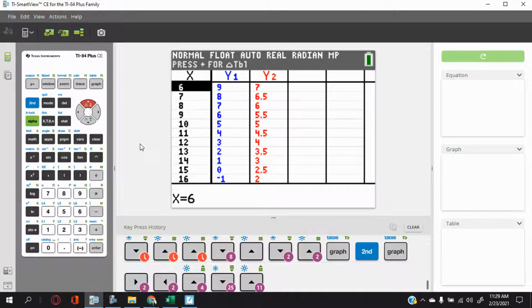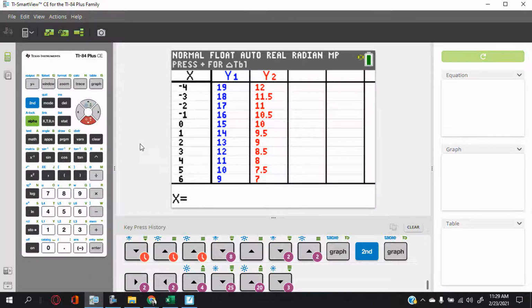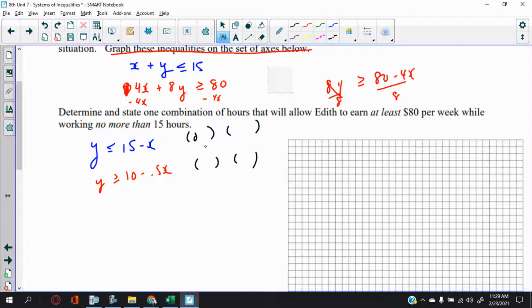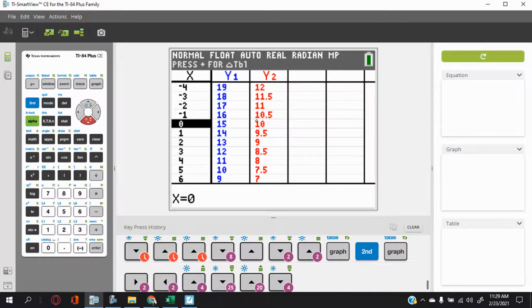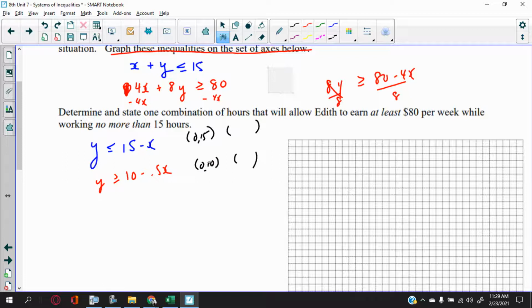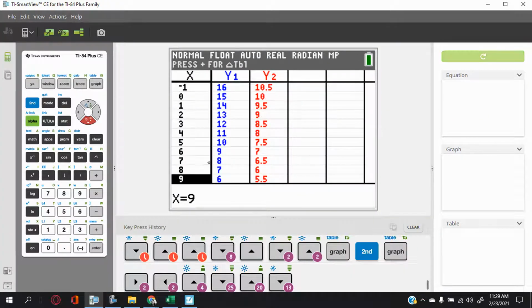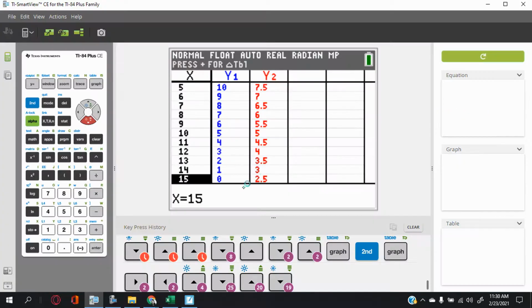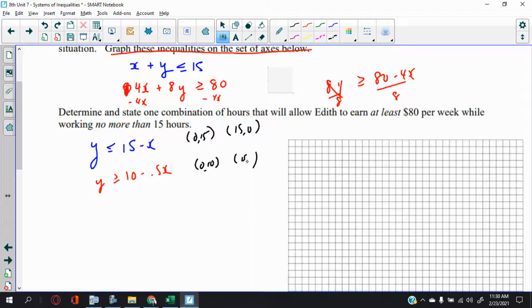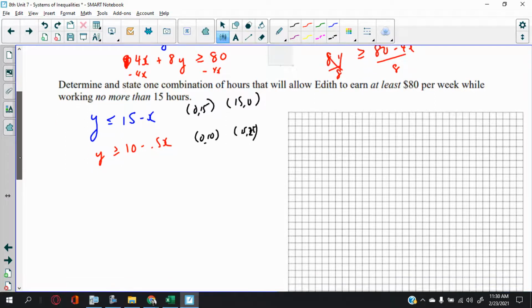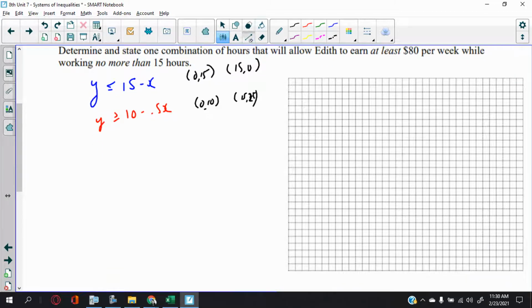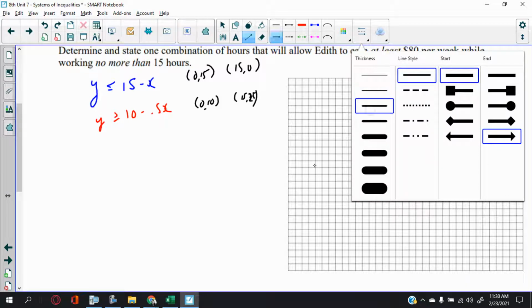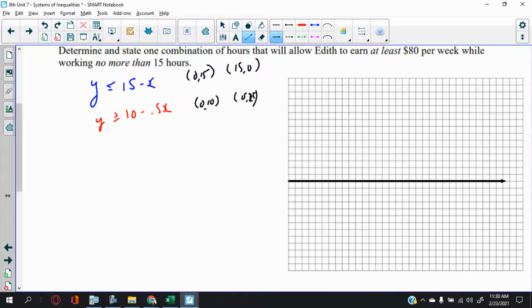Let me write those points down first: 0, 15, and also 0, 10. And then going down, 15, 0, and 15, 2.5. You know what? I think we should go by fives. Yeah, that might be fairly obvious.